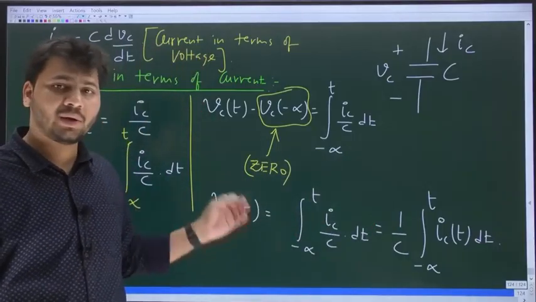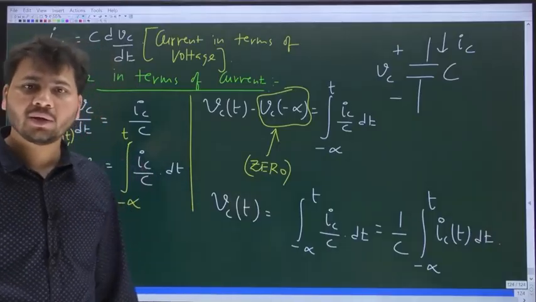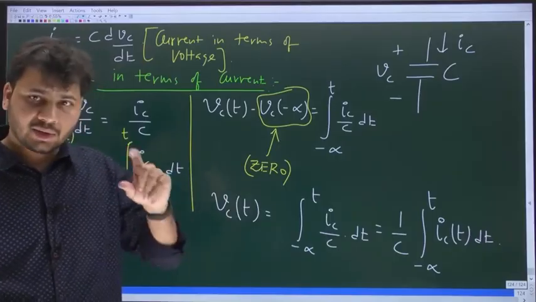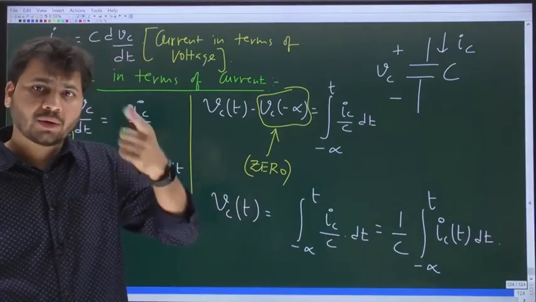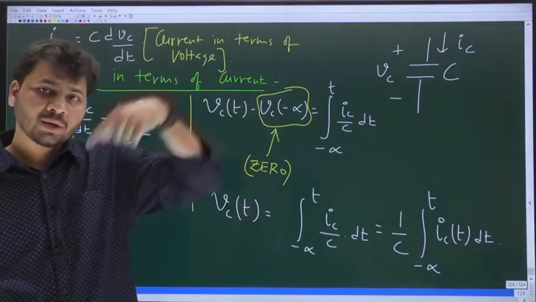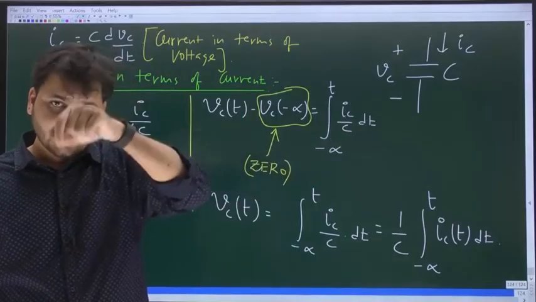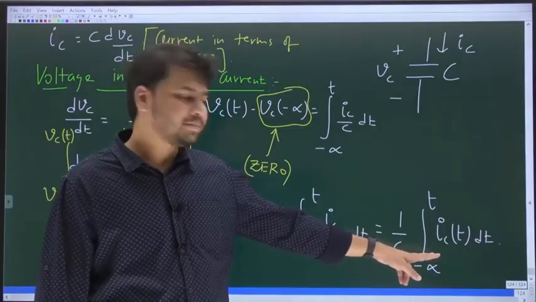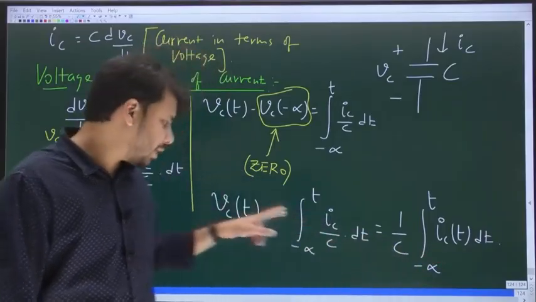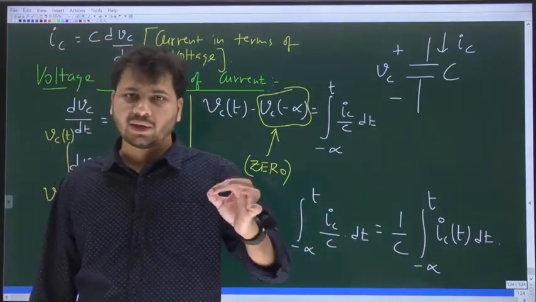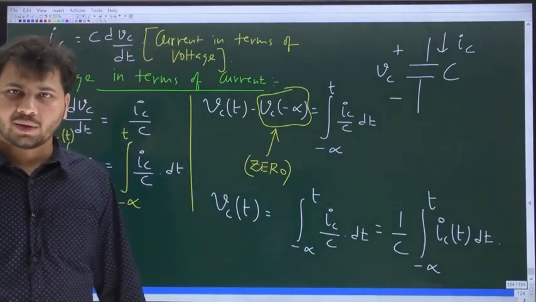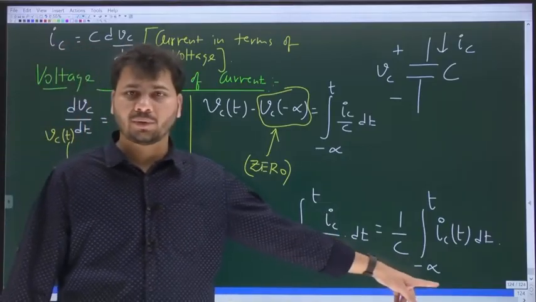To find the voltage across the cap right now, find the area under the current waveform from minus infinity up to the present instant. Once you find the area, multiply it with 1 by C, then you will get the voltage across the cap at the current instant. I hope it is clear. Please note it down up to this point.